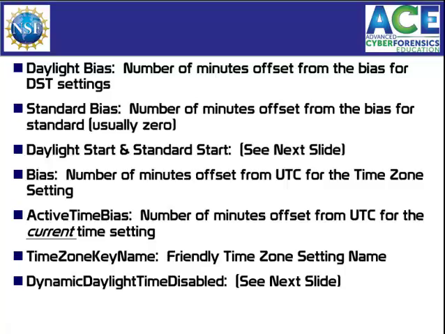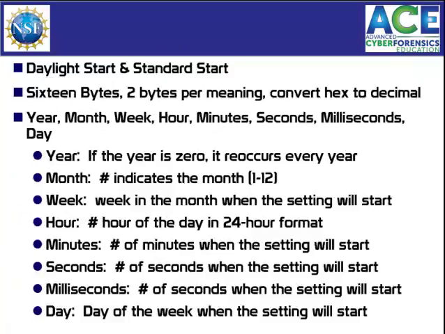The TimeZoneKeyName is the friendly time zone setting name, which we've already looked at, which is Mountain Standard Time. And then you have DynamicDaylightTimeDisabled. DynamicDaylightTimeDisabled refers to the setting in which the user can utilize daylight time versus not using it and keeping everything standard.